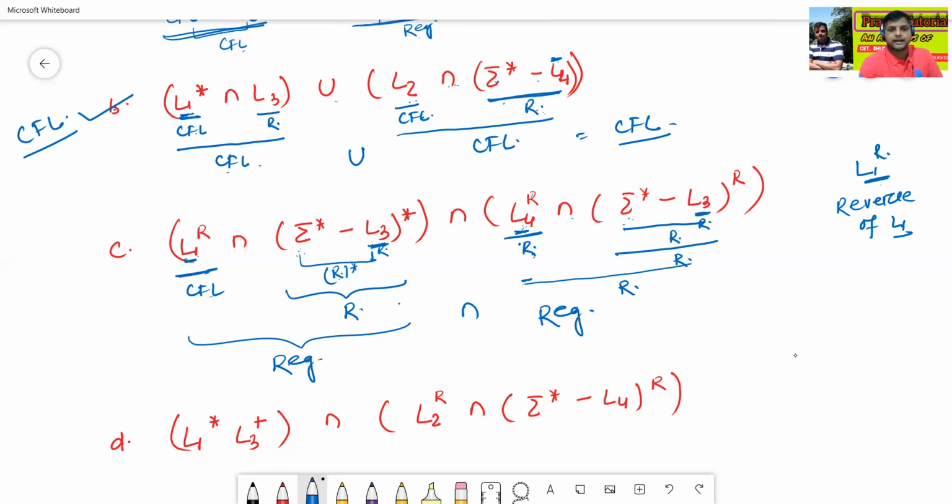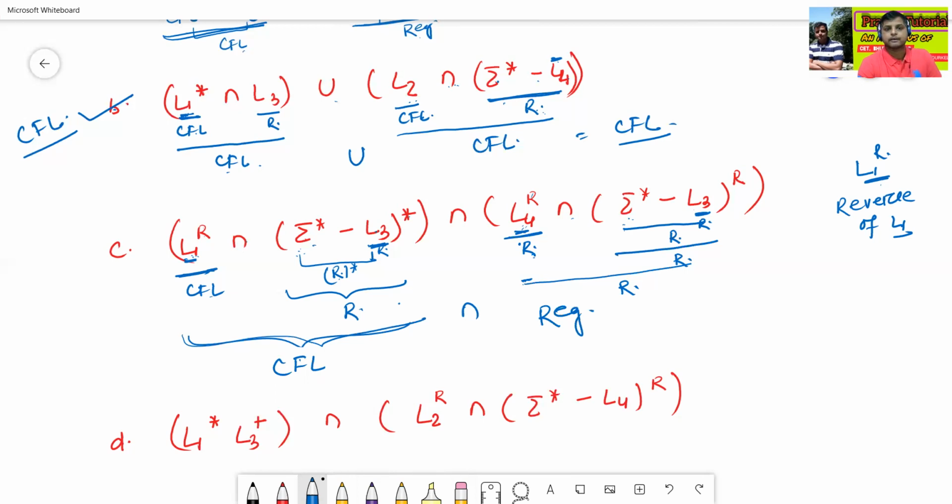Sorry, this part is actually not regular. This part is a context-free language actually. How? See. Here L1 is CFL. Reverse of L1 is CFL.